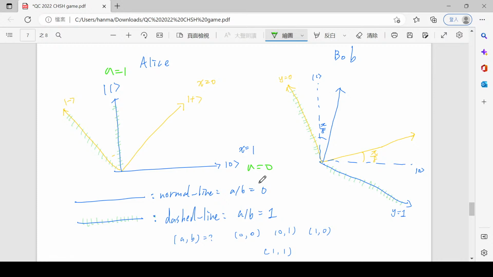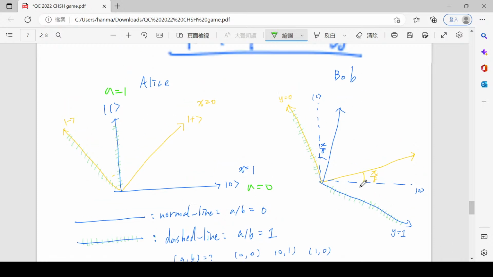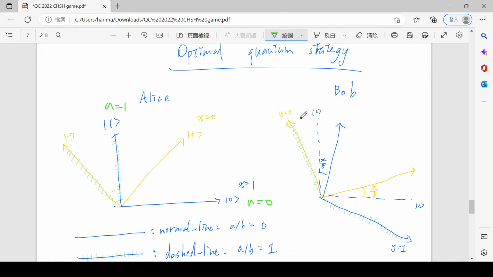Okay, and yeah, so similarly Bob has two choices. So Bob, if his input y equals 0, then he chooses this golden pair. And if his input is y equal to 1, then he chooses this blue pair.